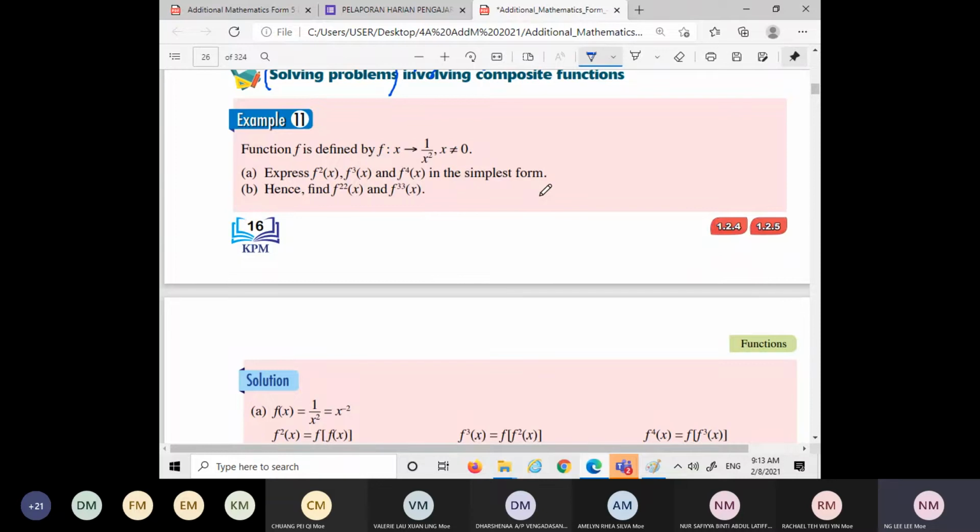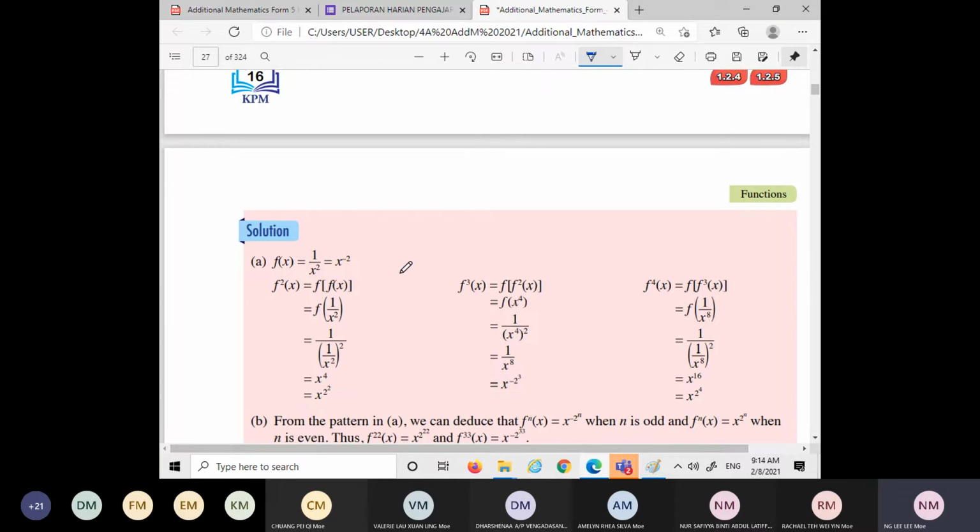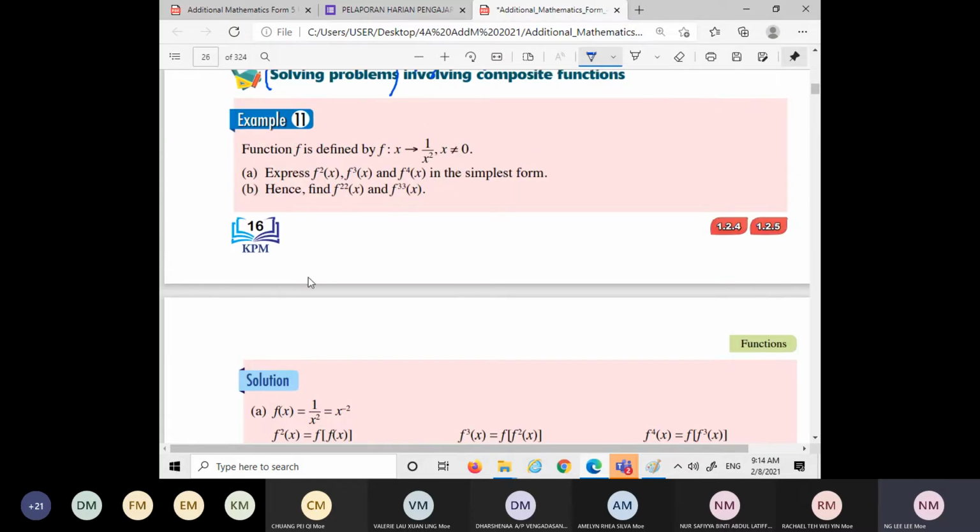So we see one by one. First of all, f f. This is f(x) = 1 over x squared. So what is f f? Maybe I'll do it here so that I have space.